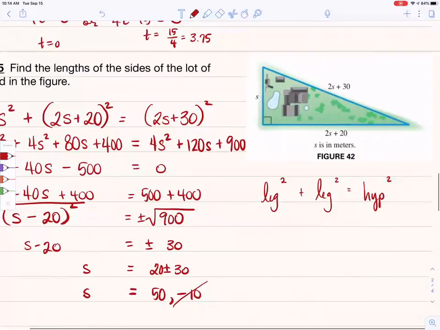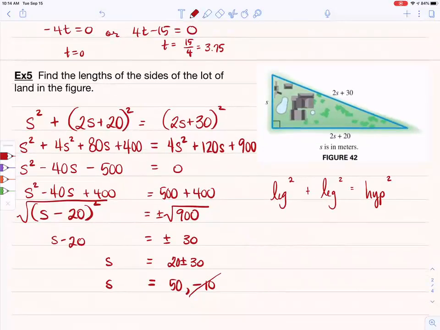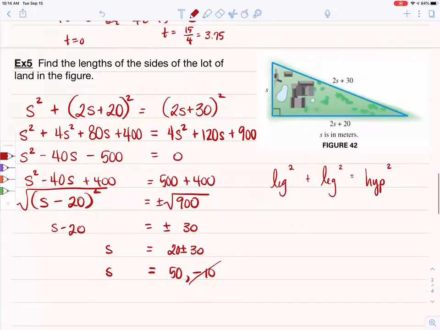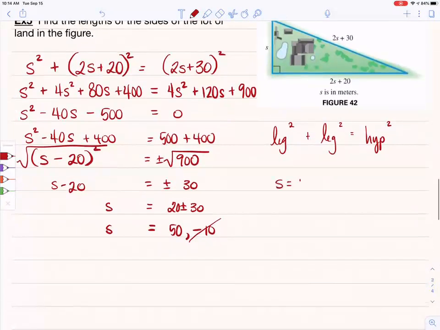But let's go back to the directions. It said to find the lengths of the sides of the lot of land. Have I finished that? Am I done? No. So one of the lengths is 50 meters. But how am I going to find the other two? Plug and chug. All right, so if I'm plugging and chugging, 2 times 50 plus 20, what does that give you?